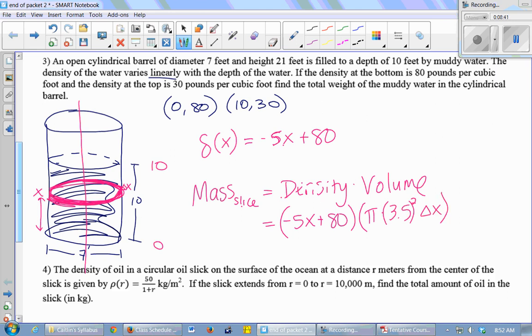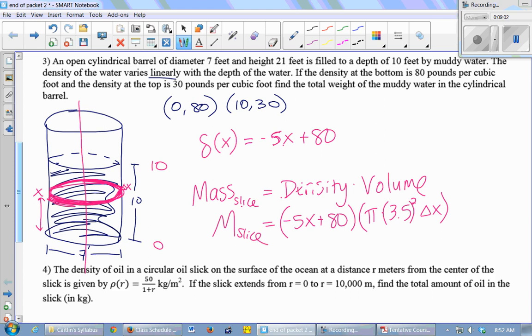So that's the mass of a single slice. Because the density is given in pounds per cubic foot, and the volume is measured in cubic feet, when I multiply these together, I should get pounds.